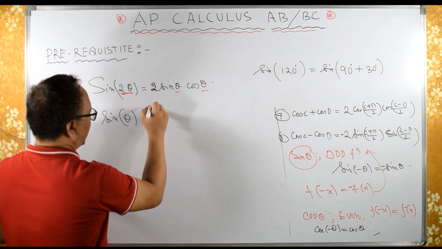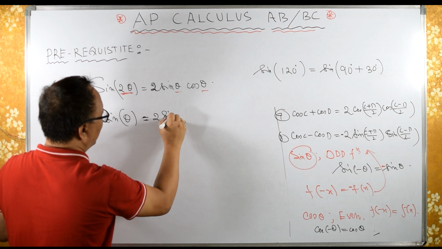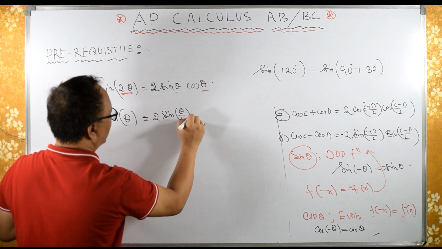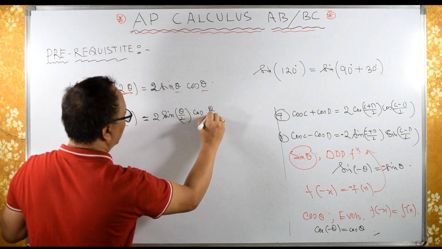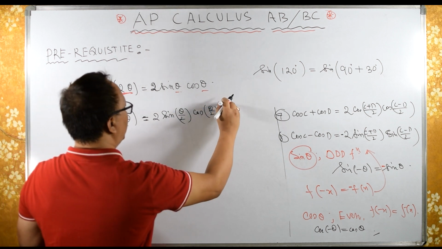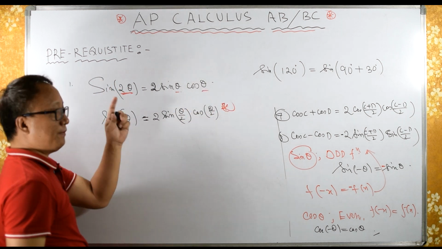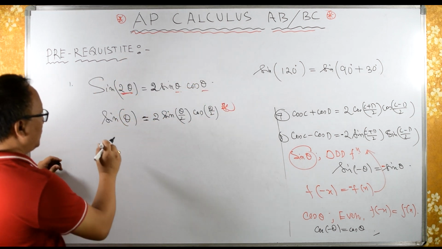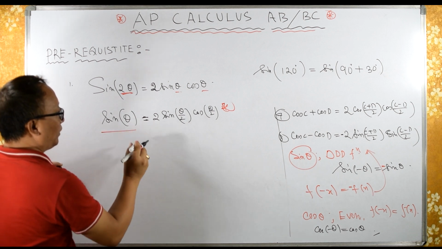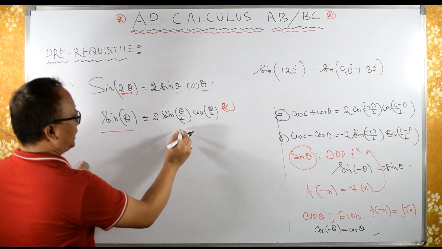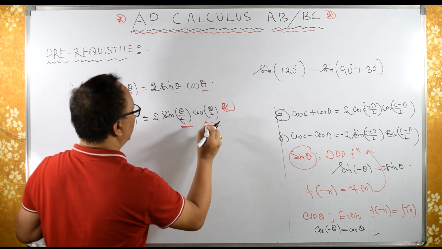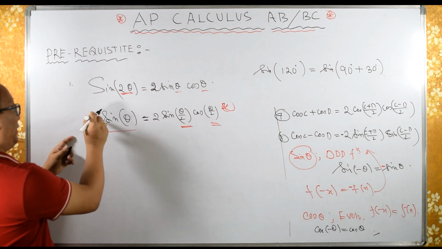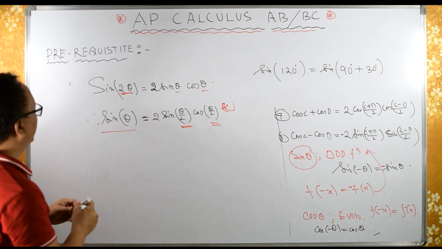So sine theta is the same as 2 sine of theta upon 2 and cos of theta upon 2. This will be used effectively in calculus, whether it is AB or BC, to adjust sine theta according to the angle given, whether half angle, full angle or double angle.